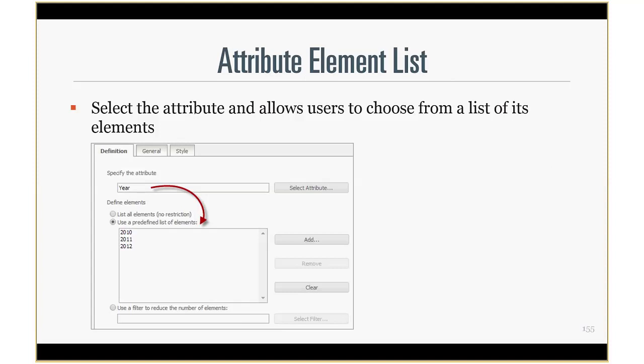Let's say that you definitely want the user to be prompted with years, but if my data set contains years from 2006 to 2014, you always want the user to pick only 3 years. You can provide them a predefined list of elements. How is this good? Let's assume you had a long list of years. Instead of scrolling to and fro in that list, you are defining that list for the user. It makes the navigation of that specific prompt easier.